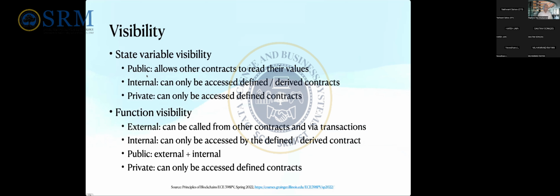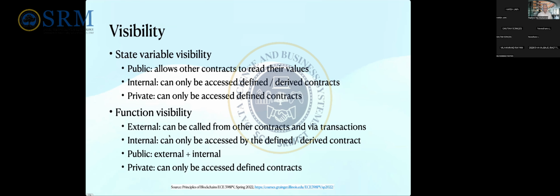That is the visibility for the variables declared in the scope of the contract. Now function visibility is the visibility which we have seen here. It contains external, which means it can be called by other contracts. So this is for the functions. When you say external, it can be called by any other contract, visible to the outside. If you say internal, then it is only accessible within the defined contract. Maybe let me see if we have an example.